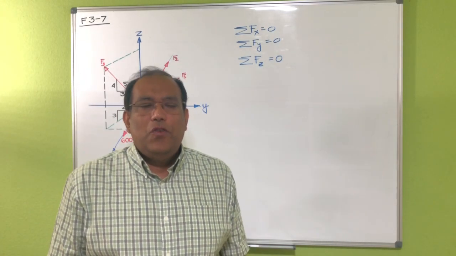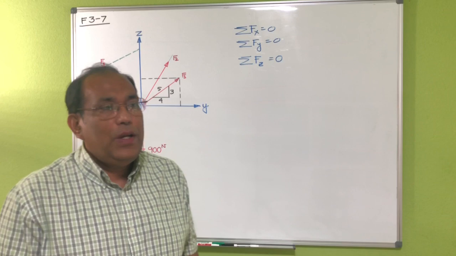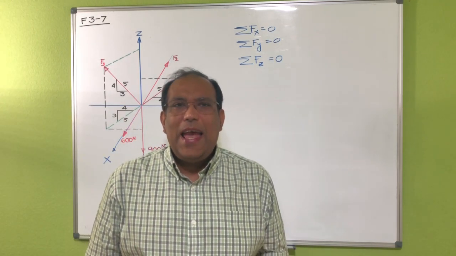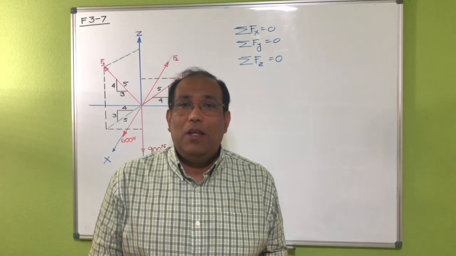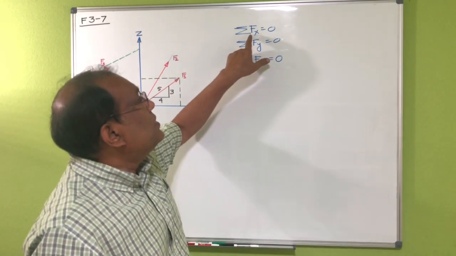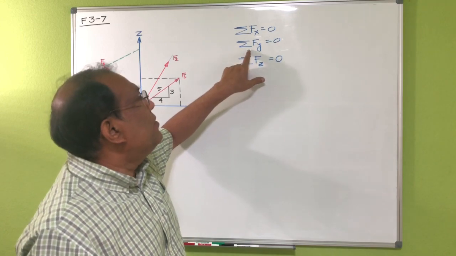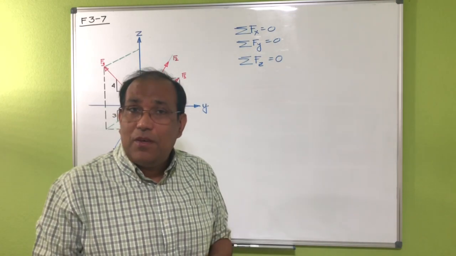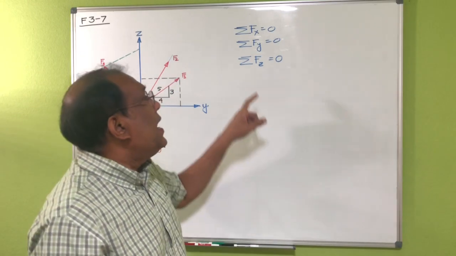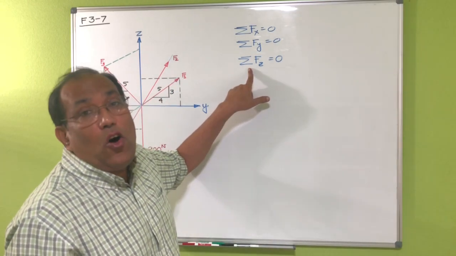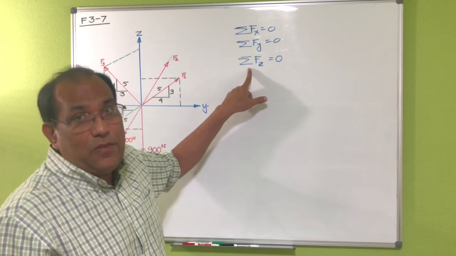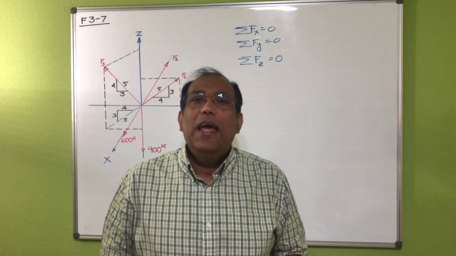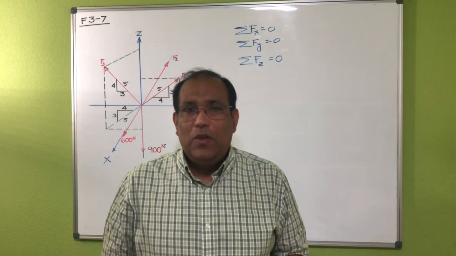First I have to express all the forces as force vectors. Then I'll add all the i terms for summation of Fx, all the j terms for summation of Fy, and all the k terms, and set each equal to 0, so I'll get three equations. I'll solve those and find the three unknowns.